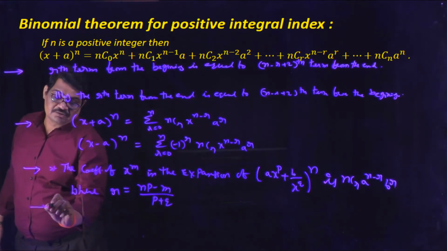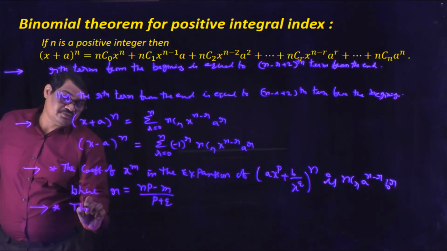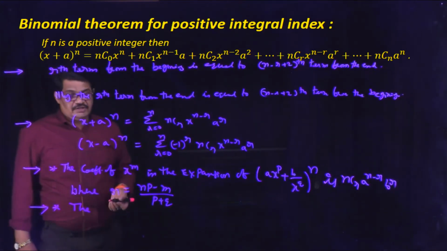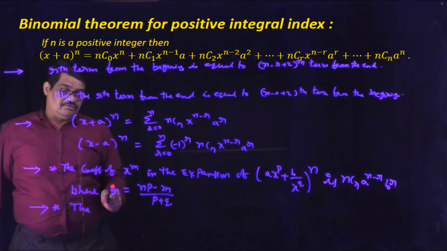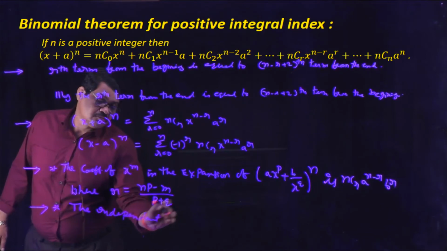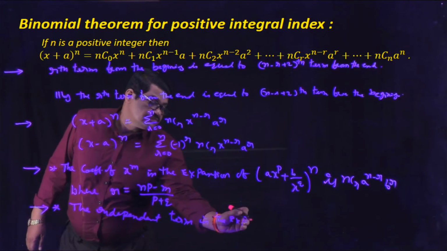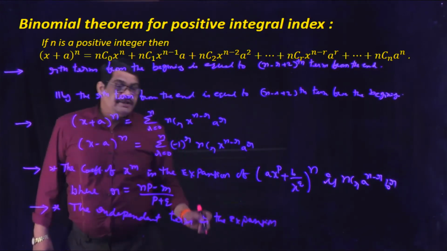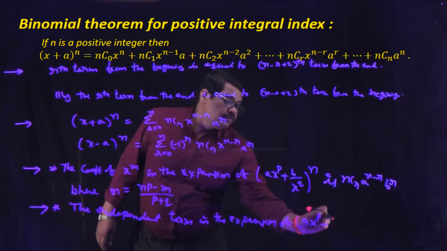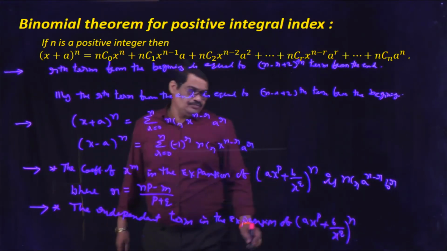The next formula we are observing is also similar. Here we find how to find the independent term in the expansion of the same expression a x power p plus b by x power q whole to the power of n.